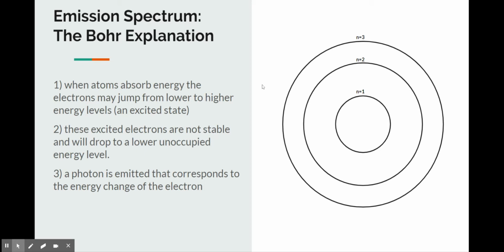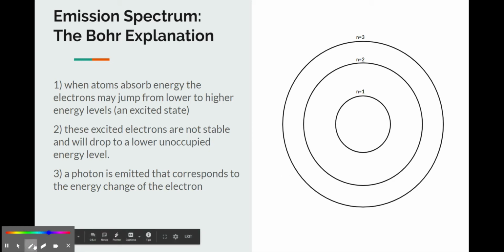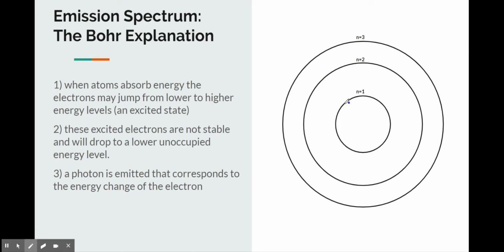The first thing Bohr did in terms of changing, and it wasn't a radical change, was he changed our idea about the atom, not by totally throwing out the Rutherford model, but he did say that instead of electrons going kind of anywhere around the nucleus, they had to be in certain distinct energy levels, right? So they could be in the first energy level. For example, we could find an electron here, and Bohr still thought of the electron as going around this nucleus.